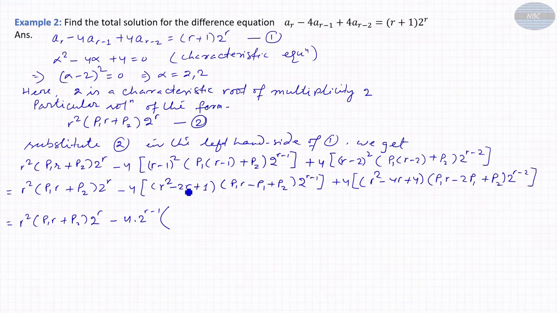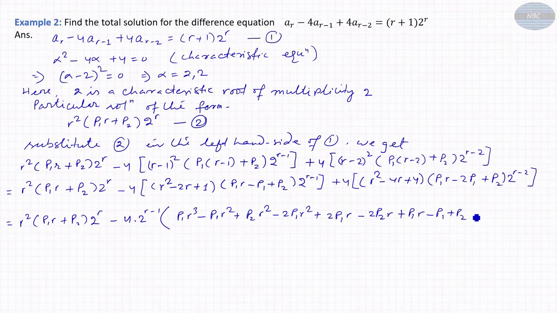So we multiply r square first with this term, so we'll get p1 r cube minus p1 r square plus p2 r square minus 2 p1 r square plus 2 p1 r minus 2 p2 r plus, now multiply 1 with this, so we'll get p1 r minus p1 plus p2. Okay, so this term is multiplied with this term and we obtain this.